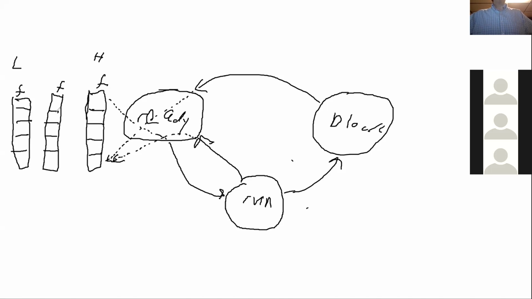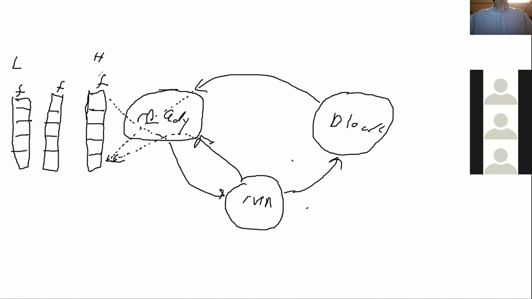And then if there's nobody in this line, then you go to this one. So there's multi-level queues. Now remember the name is multi-level feedback queue. Here are the multi-level queues. We haven't said anything about the feedback yet.